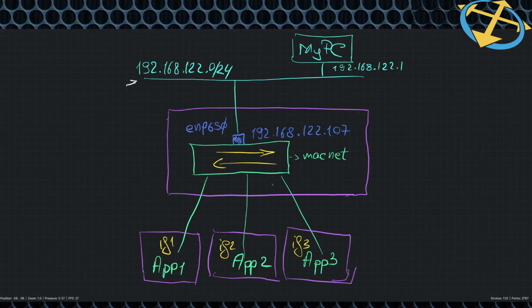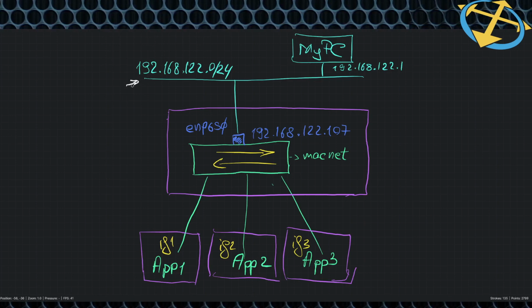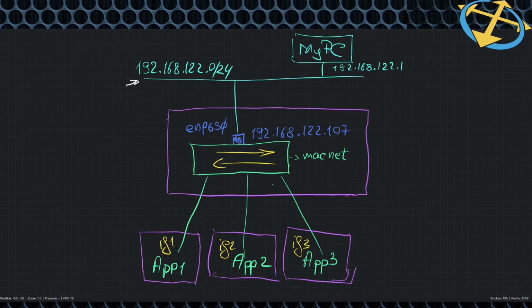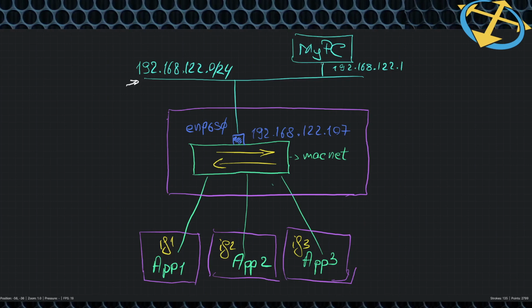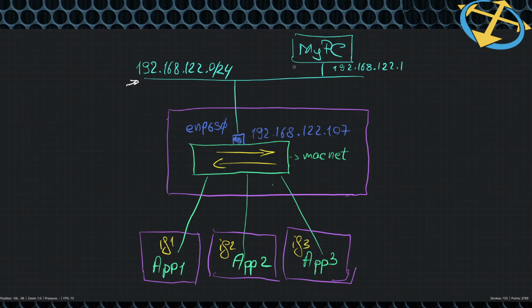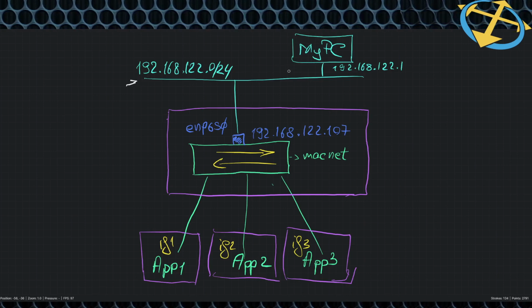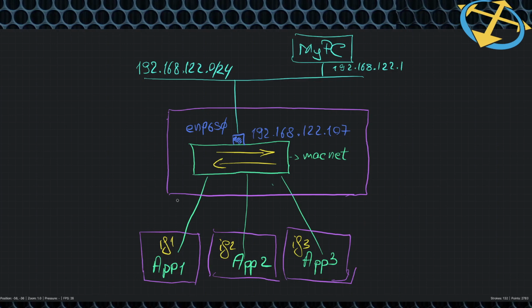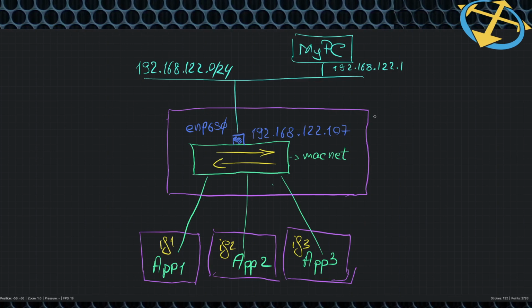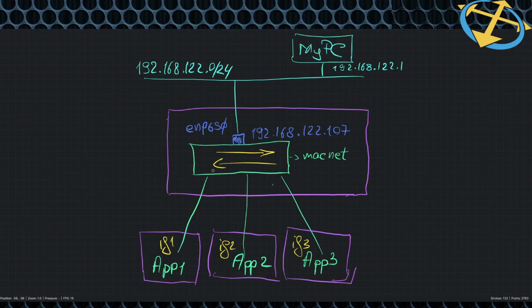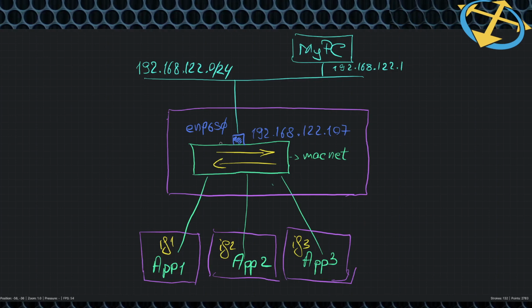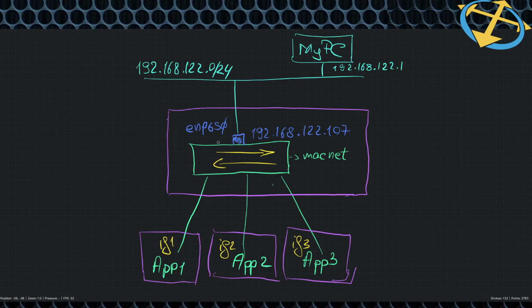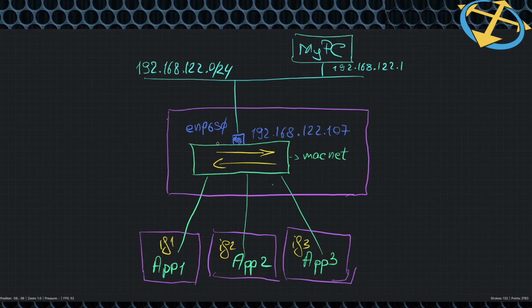So this is my physical network, and this is my PC, from which I will test the connectivity with the container. And here inside this big purple box, I have the default namespace of the Docker host.